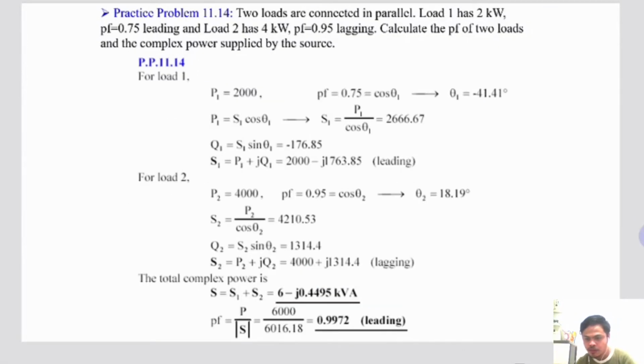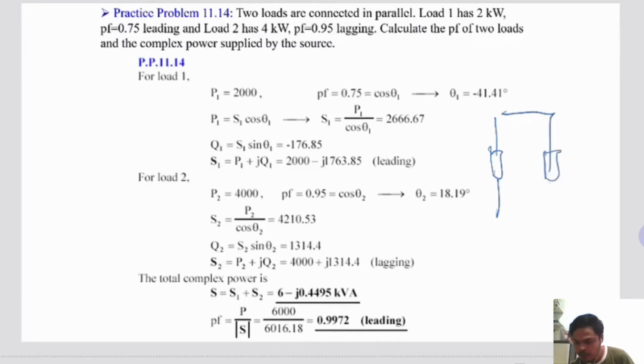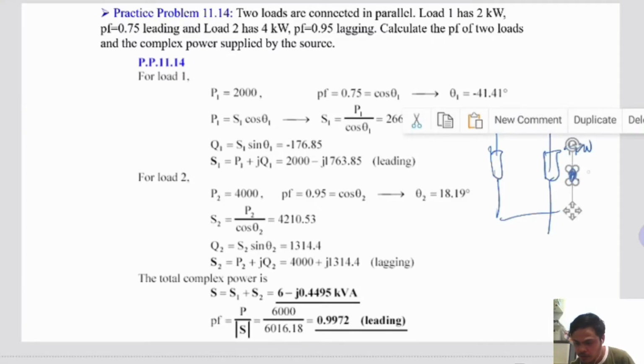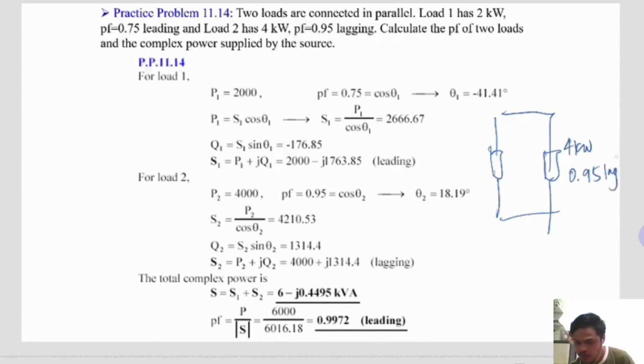Another problem: we have two loads connected in parallel. Load 1 has 2 kilowatts and a power factor of 0.75 leading. Load 2 has 4 kilowatts and 0.95 lagging.